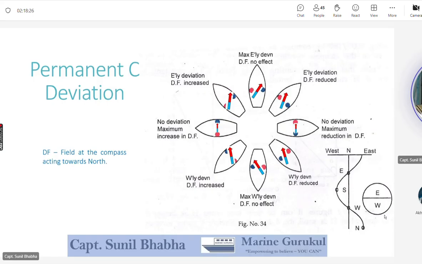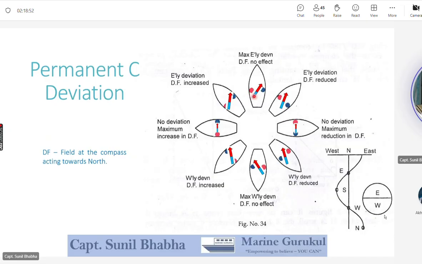Just now we saw that a ship built on an easterly heading will have a blue pole on the starboard side and a red pole on the port side. So you can see this ship in the diagram on different cardinal and intercardinal headings, and the starboard side of the ship has a blue polarity and the port side has a red polarity.